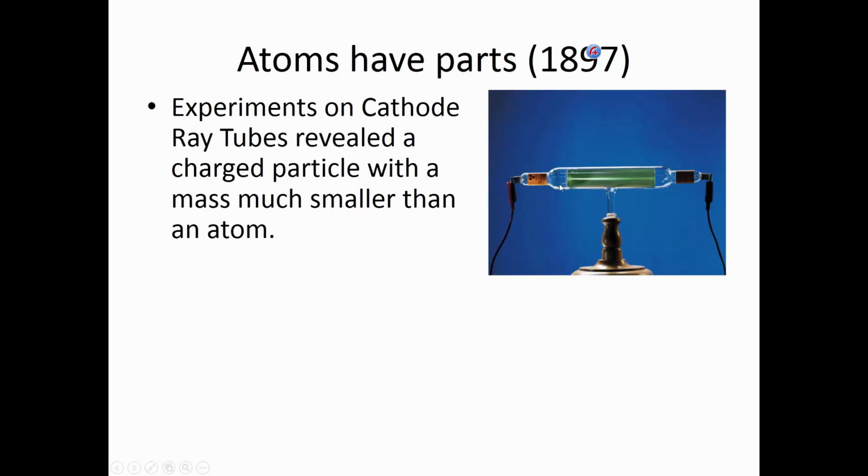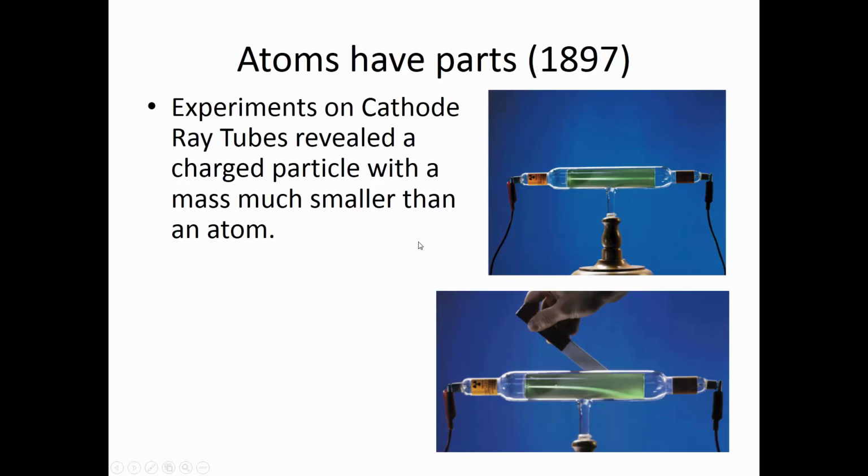And what was seen is that there was a particle in a cathode ray tube, and this particle was showing up in these tubes regardless of what metals were used. So there are metal electrodes here, and even when using different types of metal electrodes, the same particles showed up. Okay, so that's saying there must be something smaller than an atom.